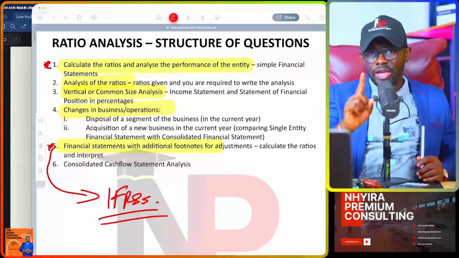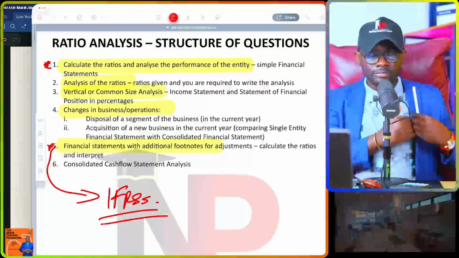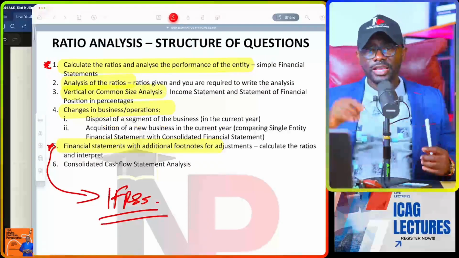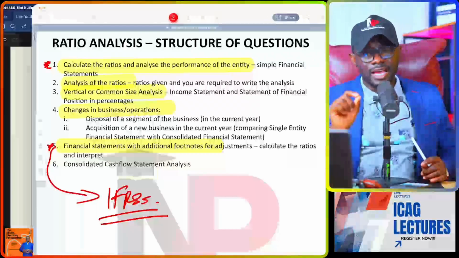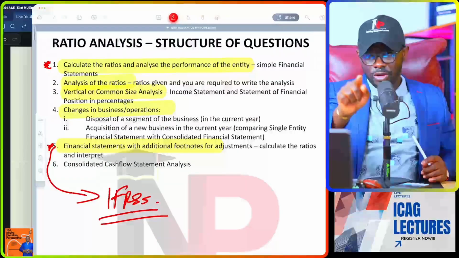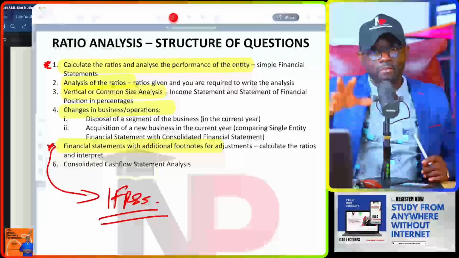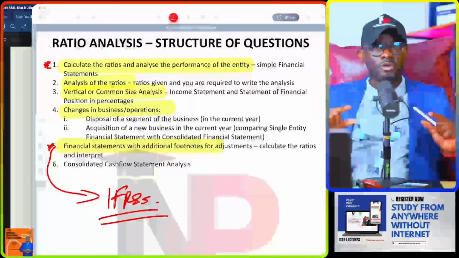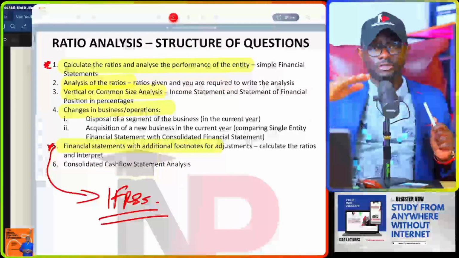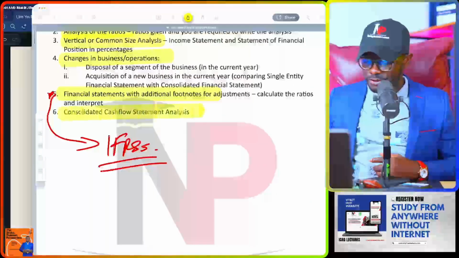The only way you can excel in this area, which is question 4, for financial reporting students, is to solve and understand the principles underlining each of these styling of questions. Because each of them, the examiner can decide to bring any of them in the exam hall. Now, for corporate reporting students, in addition to these 5, is the last one, and that is called the consolidated cash flow analysis.